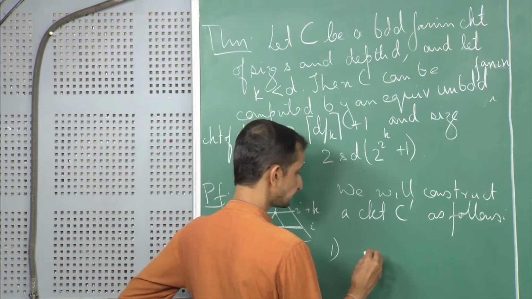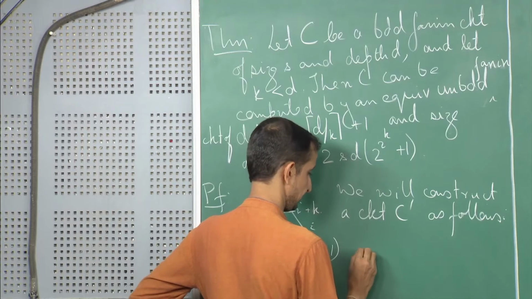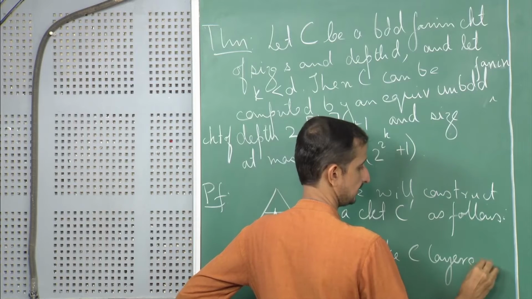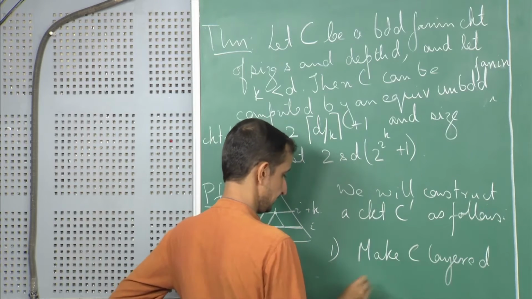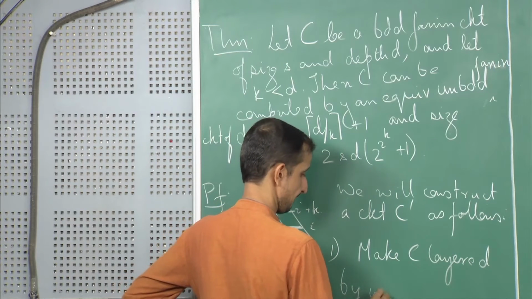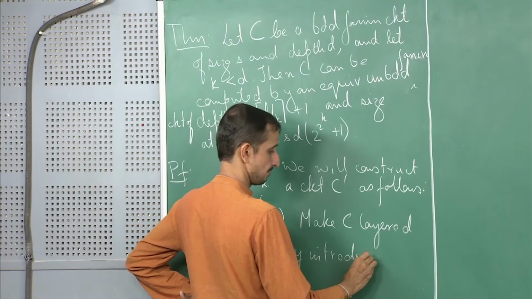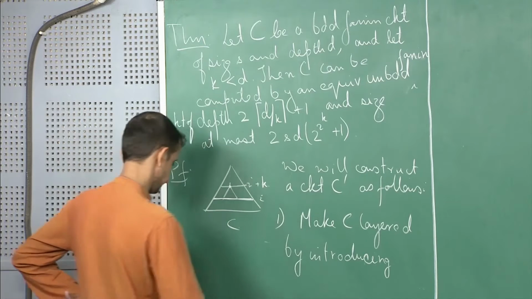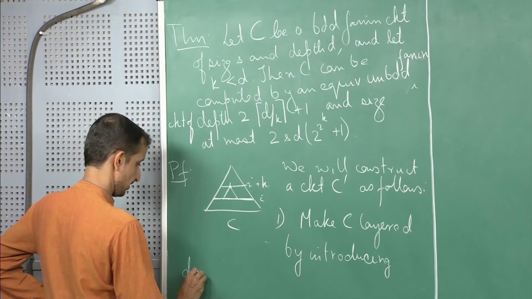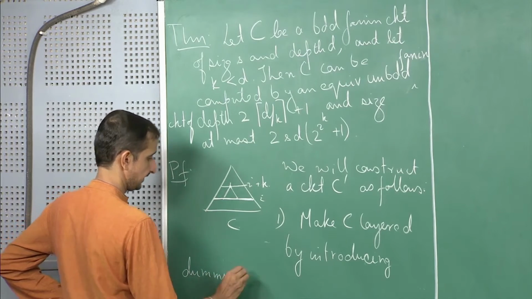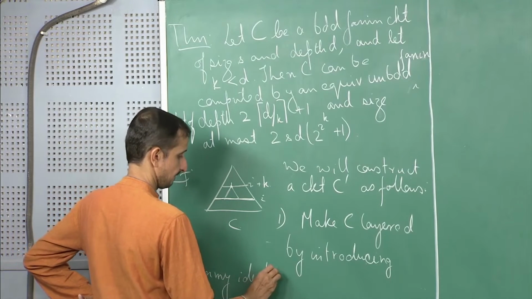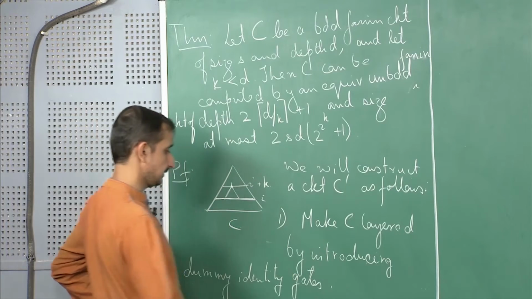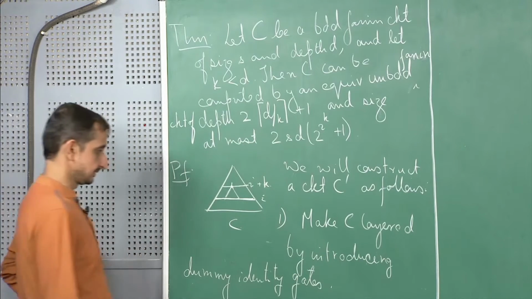So firstly, make C layered by introducing dummy identity gates.